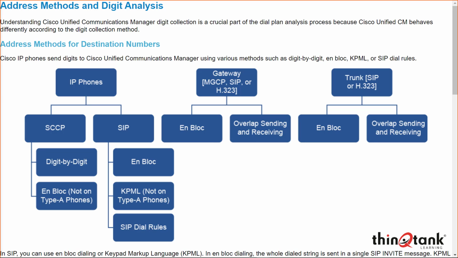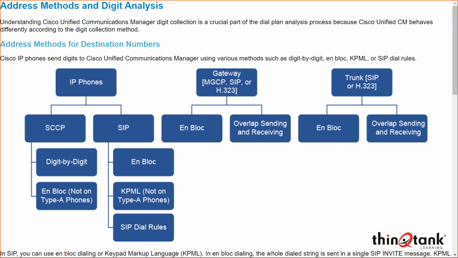So KPML gives us the ability to do that digit by digit analysis by sending each of those individual digits one by one, as opposed to sending the whole dial string in a single SIP invite message. SIP dial rules get processed inside of the SIP phone. So the SIP phone can actually detect invalid numbers.